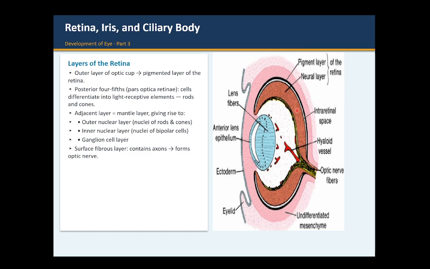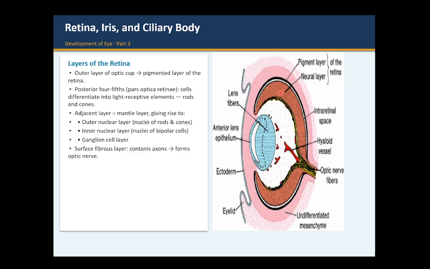And this pars optica retina is going to give rise to the rods and the cones. So the outer layer is mainly responsible for the pigment epithelium. The posterior 4/5 of the inner layer is going to give rise to the pars optica retina, which gives rise to the rods and cones.